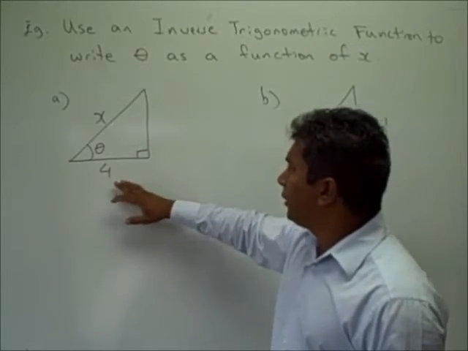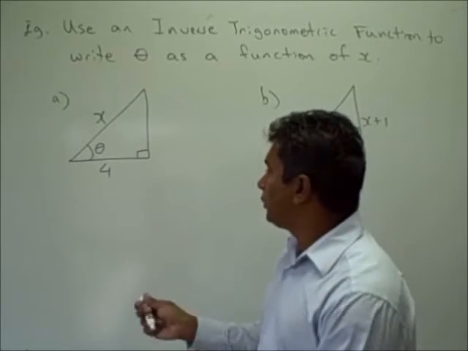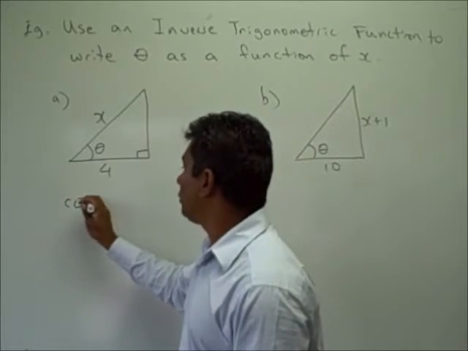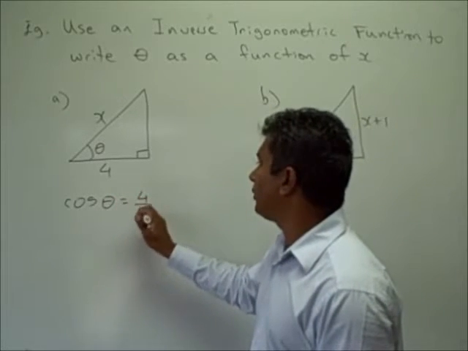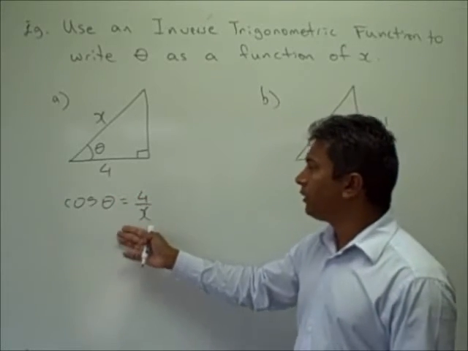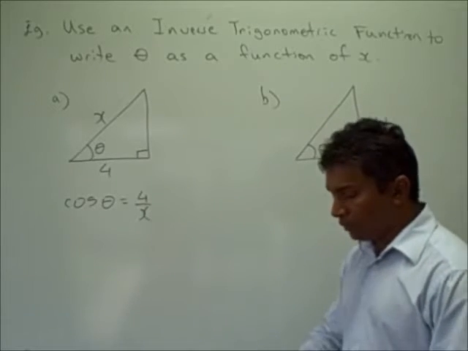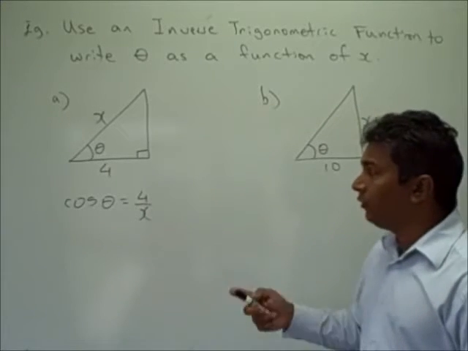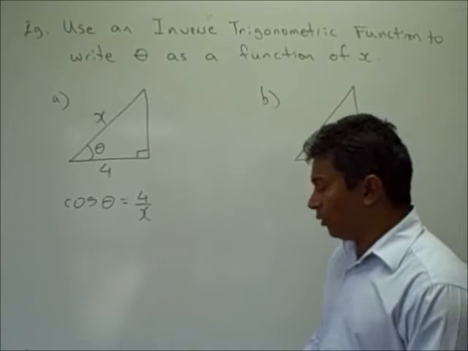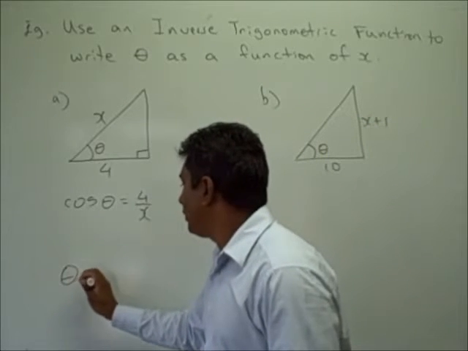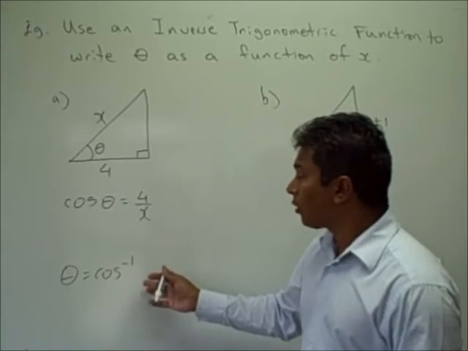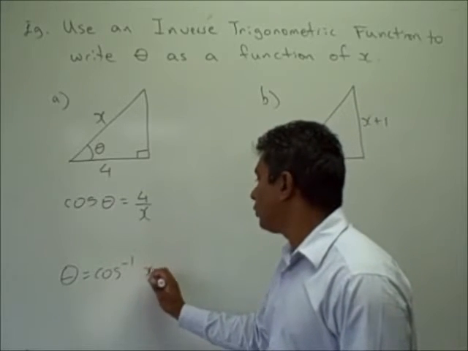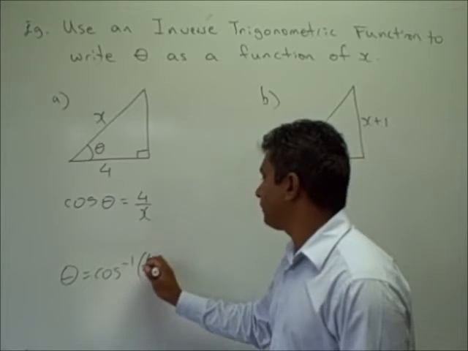Here we're given the adjacent and the hypotenuse, so we know we could use cosine theta is equal to 4 over x, since cosine of theta is equal to the adjacent over the hypotenuse. Since we're required to write an inverse trig function for this, we know that theta would be the inverse cosine or arc cosine of 4 over x.